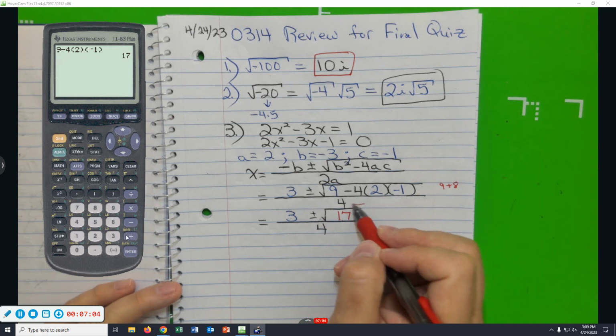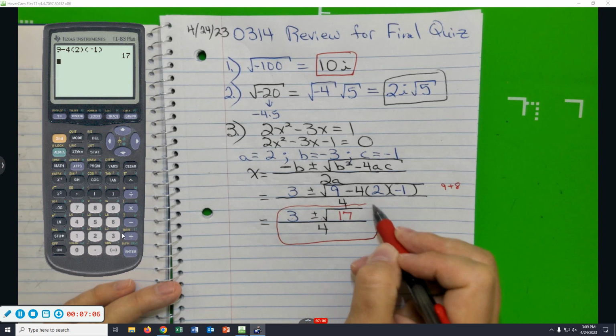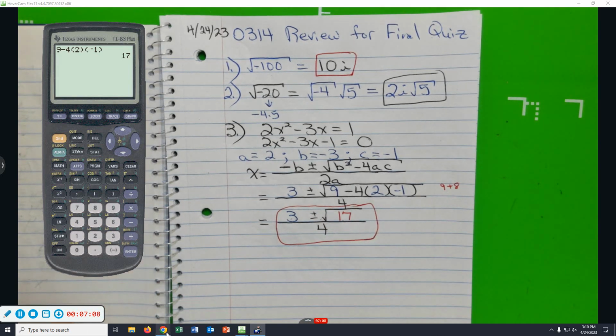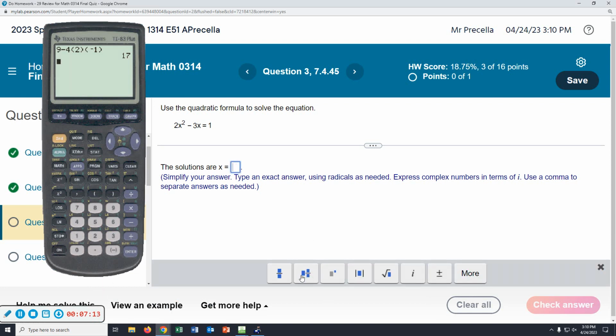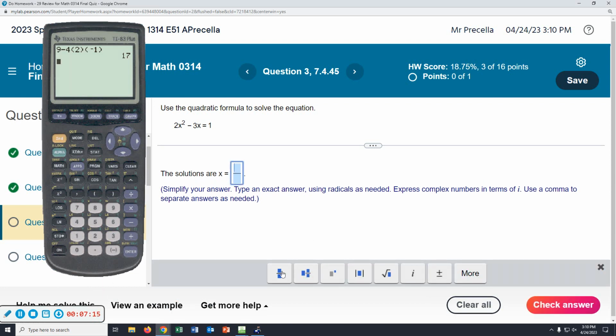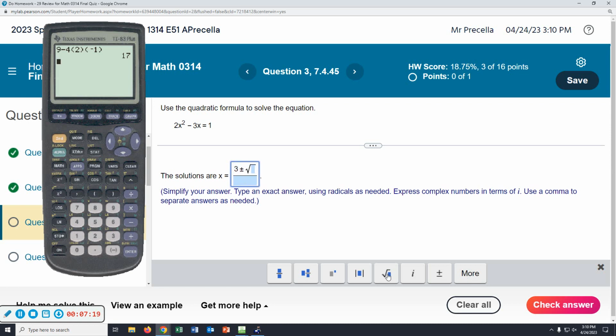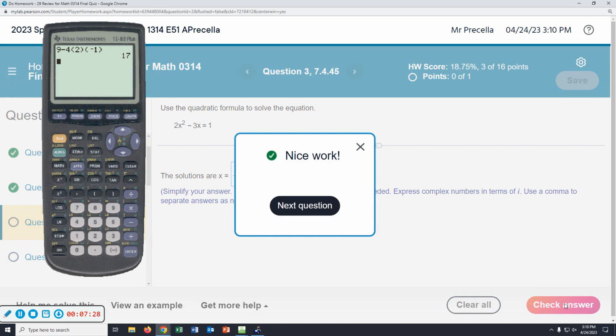No, here it is. 3 plus or minus the square root of 17 is on top, and on the bottom, 4. Any questions?